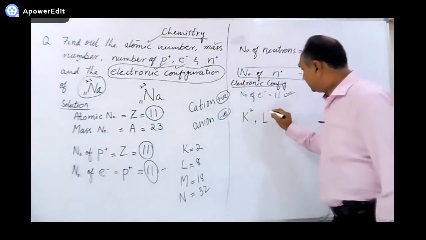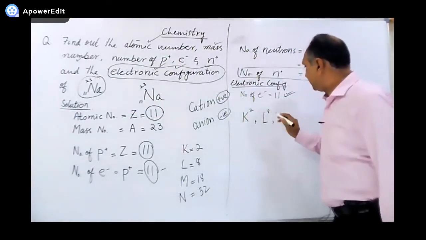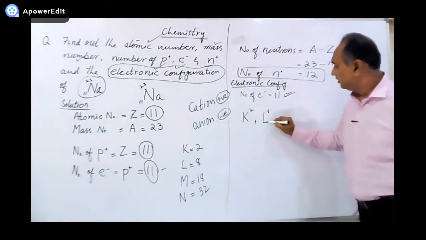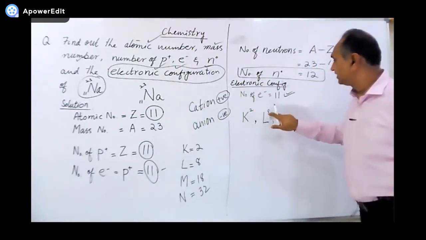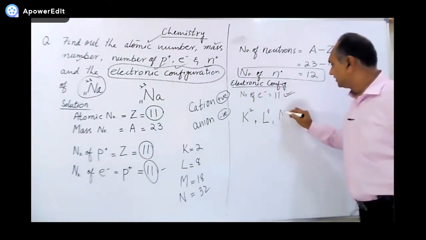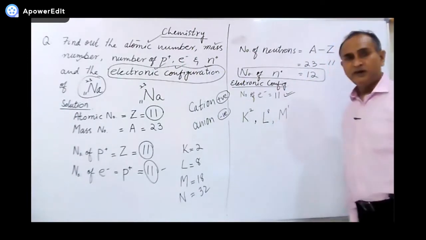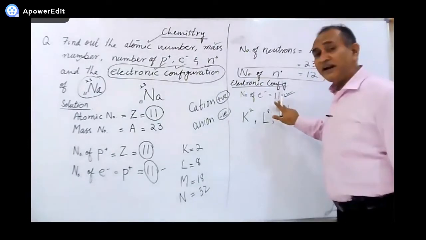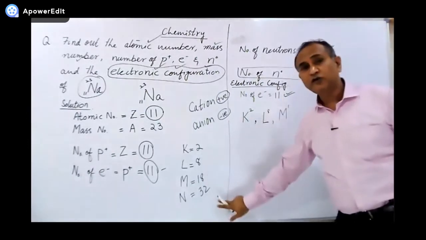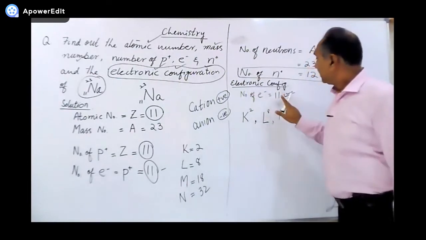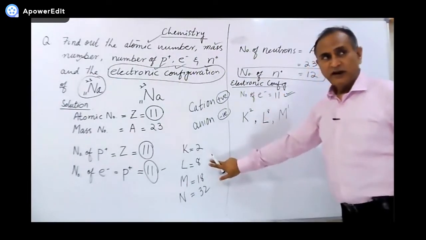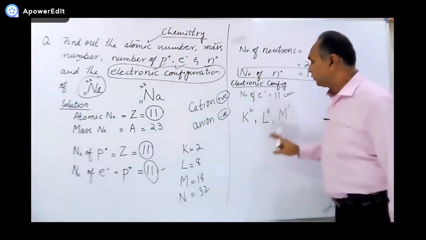So 9, now L can have 8 electrons. So now you have 2 plus 8, 10. Only 1 electron is left, so it will go to the third shell. As I gave you an example, suppose there are 11 guests and these are the capacities of the rooms. So out of 11 guests, 2 will go in this one, 8 will go in this one, and only 1 will be left, it will go in the last one.